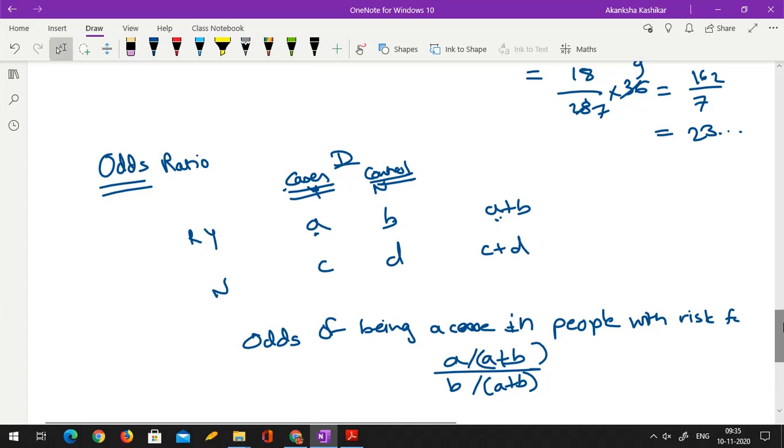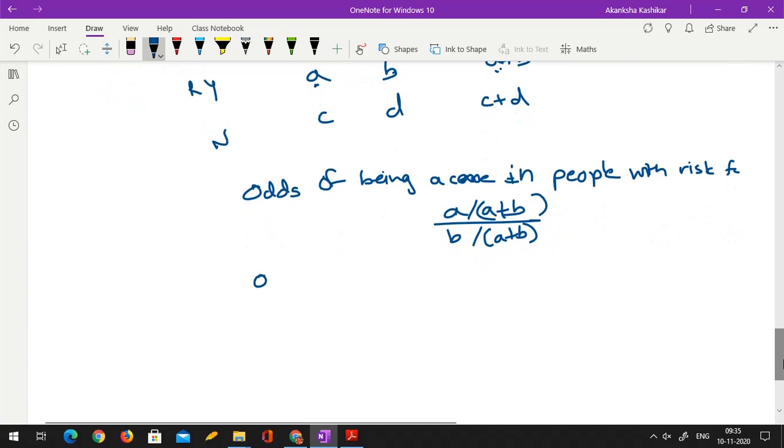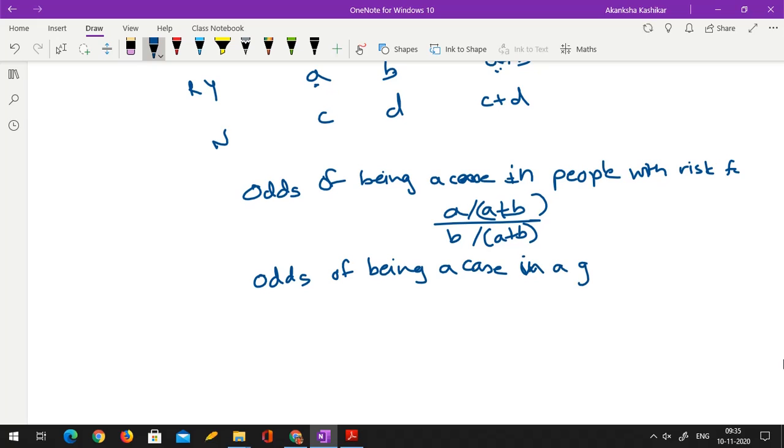Okay. Similarly, odds of being a case in people with no risk factor is C upon C plus D divided by D upon C plus D.